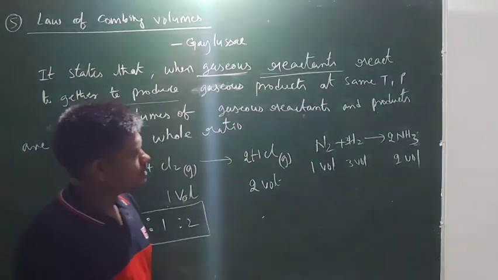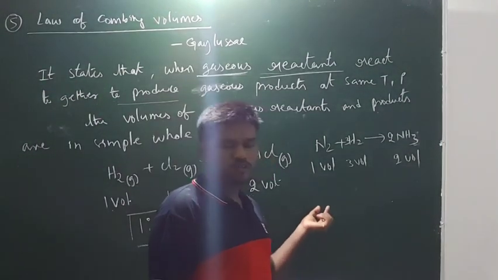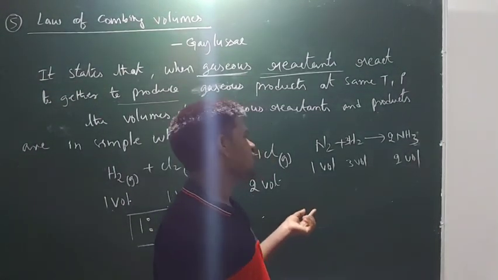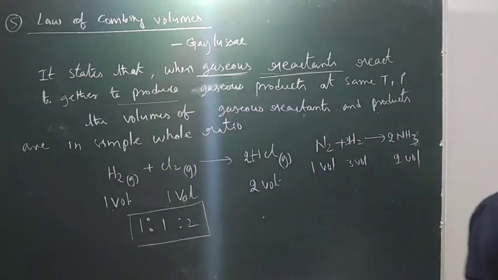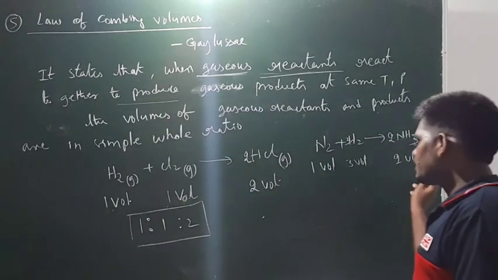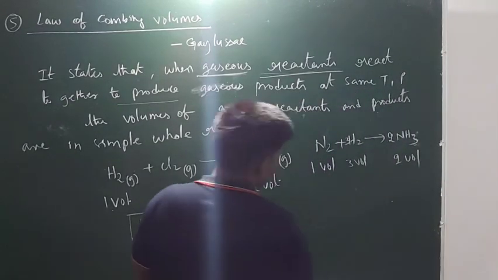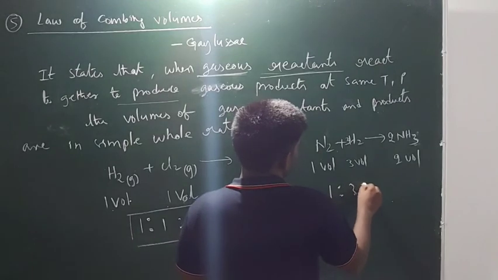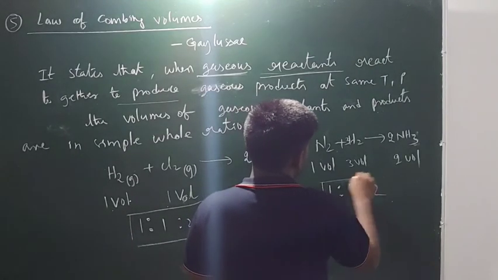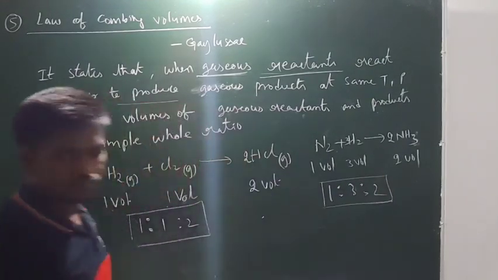It means you can take liters instead of volumes: 1 liter of nitrogen combines with 3 liters of hydrogen and gives 2 liters of NH3. Now you take the ratio of the volumes of the reactants and products, so 1:3:2. This is also a simple ratio.